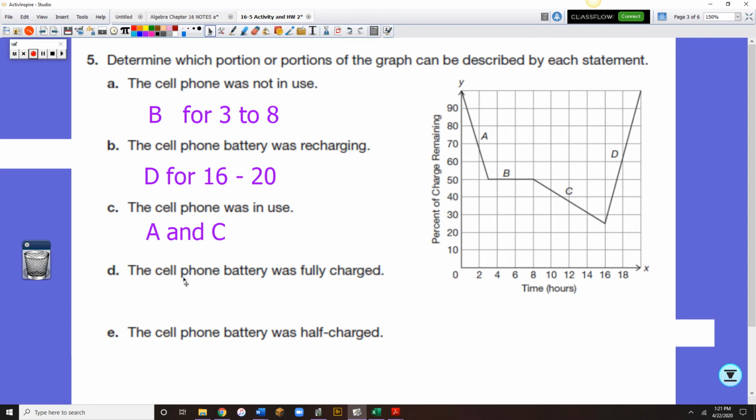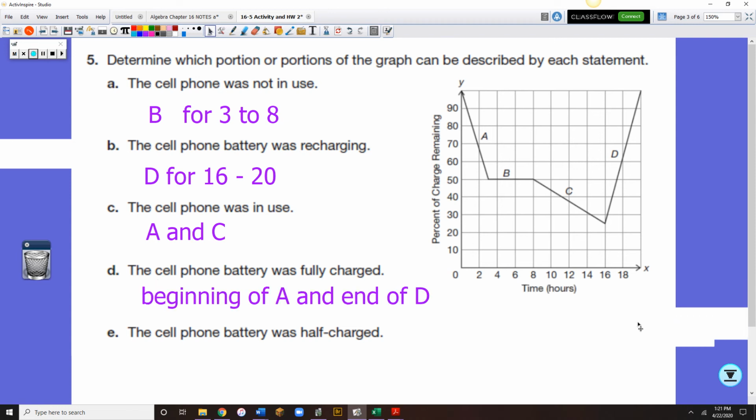The cell phone battery was fully charged. Where was it at 100%? Well, it was 100% to start with, and it was at 100% at the very end of the graph. So the beginning of A and the end of D. The cell phone battery was half charged.